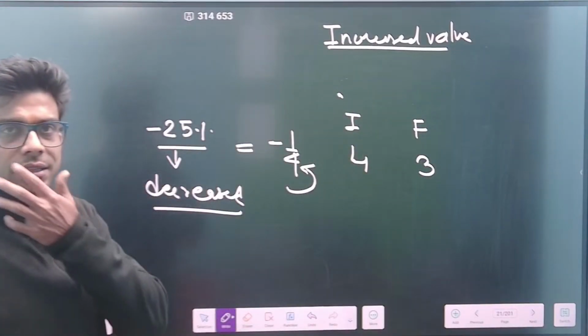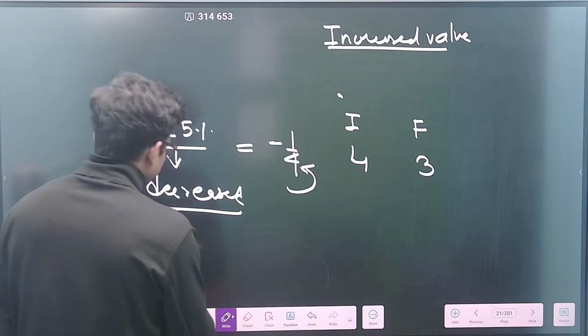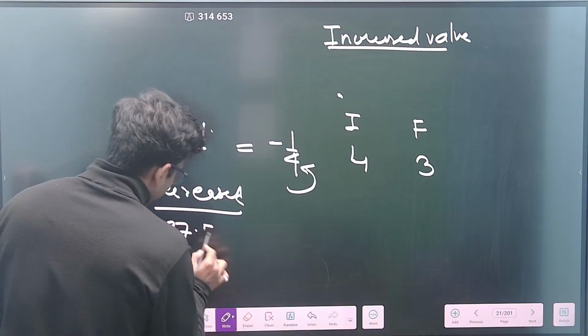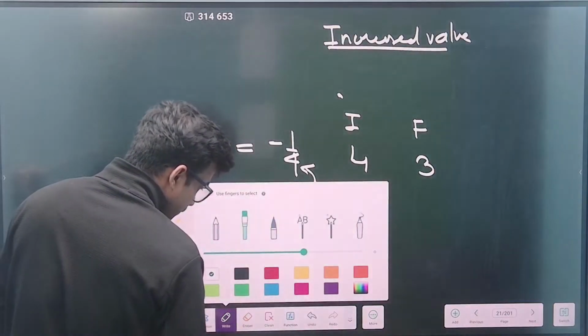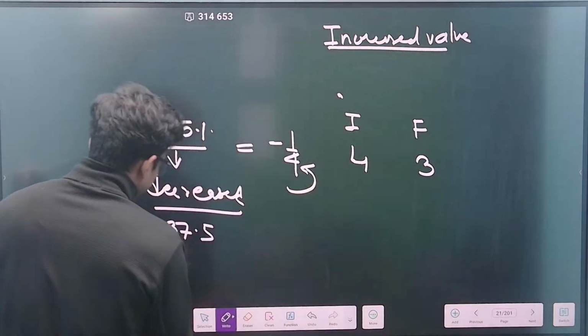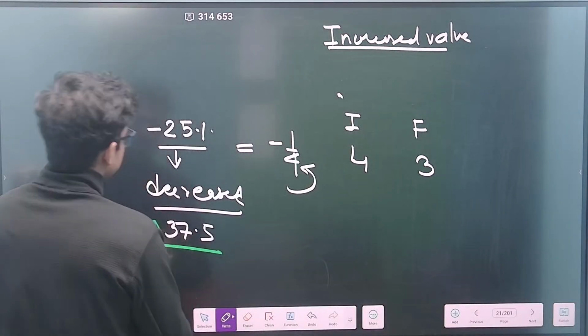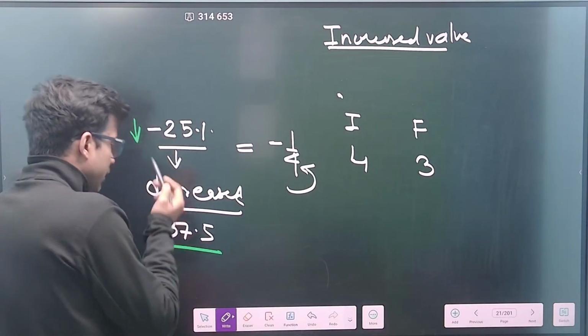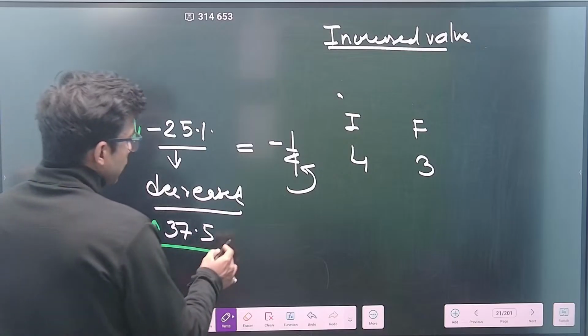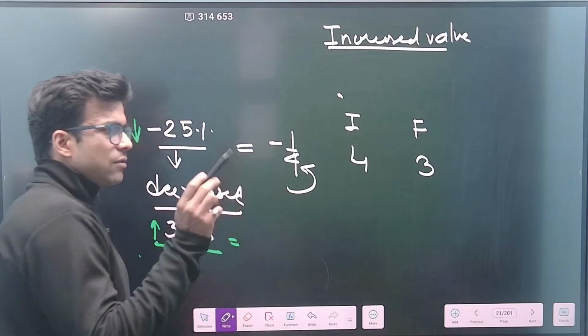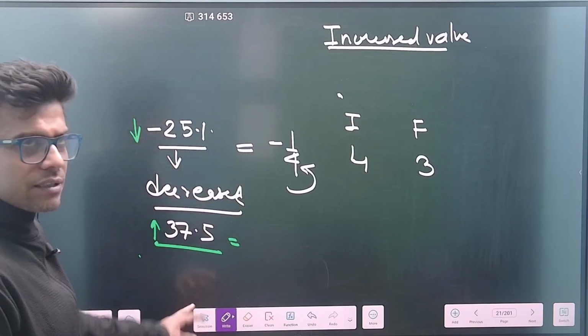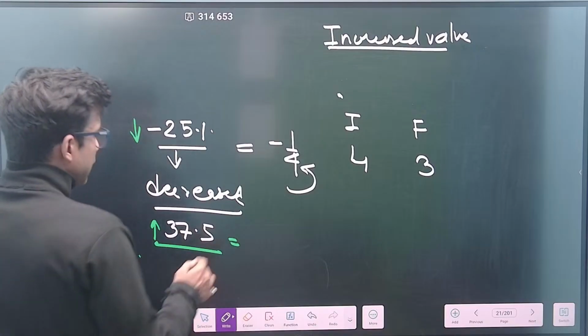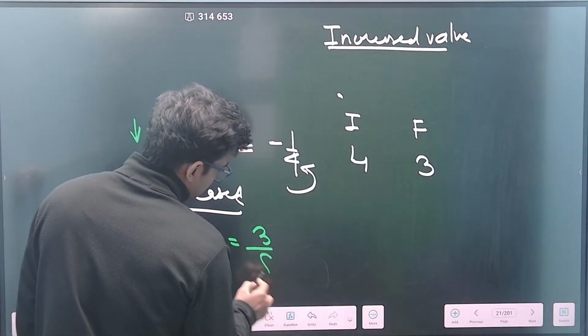Suppose I say there is an increment of 37.5%. See, the decrement is the down sign, the increment is the up sign. Now I know that 1 by 8 is 12.5%, and this is 3 times that. So this is nothing but 3 by 8.